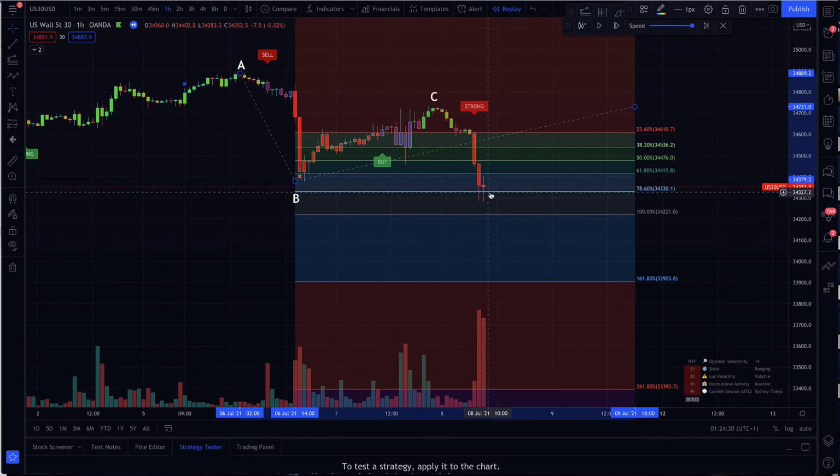It could be 78.60%, although we could also have a reversal at 100%. So to be on the safe side, I will wait for the candles on the 1 hour time frame to show us a little more information before I open a buy position. Let's have a look at what happened there.